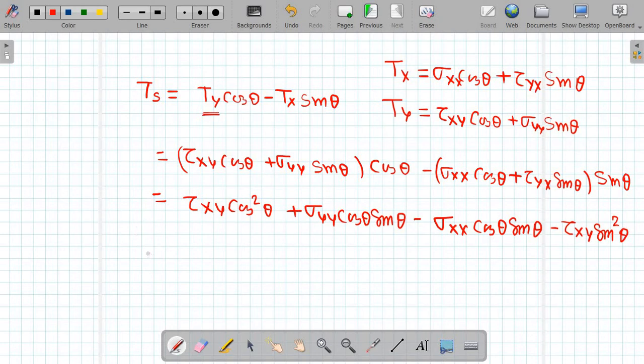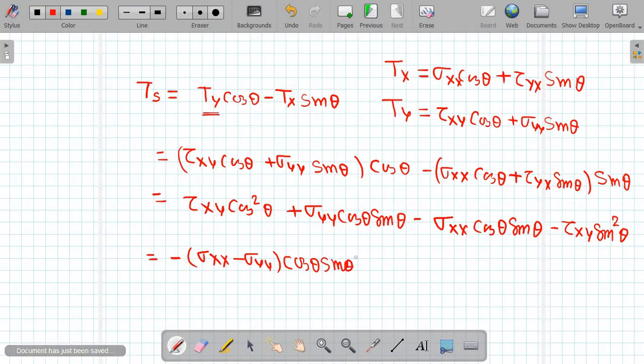After rearranging this, I can write, so now this is the expression for force in the shear direction.